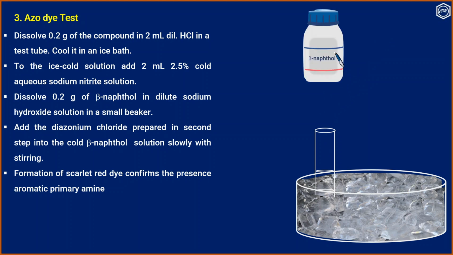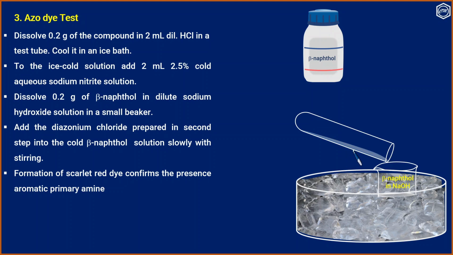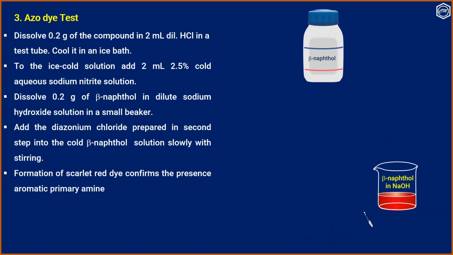Now beta-naphthol, we dissolve beta-naphthol in dilute sodium hydroxide and a solution of beta-naphthol is prepared. That also is placed in the ice bath. Now we take the contents of the test tube and pour it into the beta-naphthol solution. And if we remove it from the ice bath, we will observe the formation of a red dye.